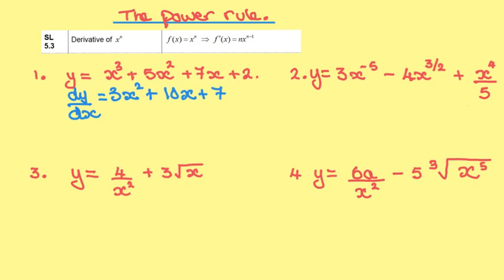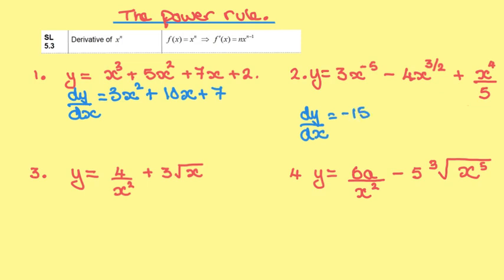Question 2. Y is equal to 3x to the power of minus 5 minus 4x to the power of 3 over 2 plus x to the power of 4 divided by 5. So dy over dx is equal to minus 5 times 3 is minus 15.